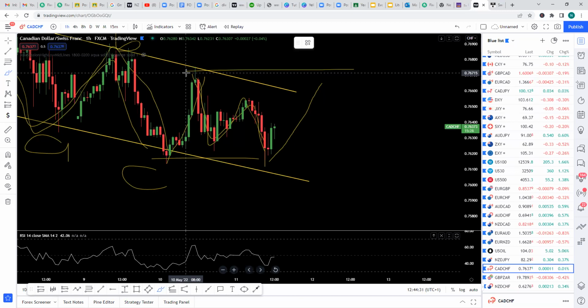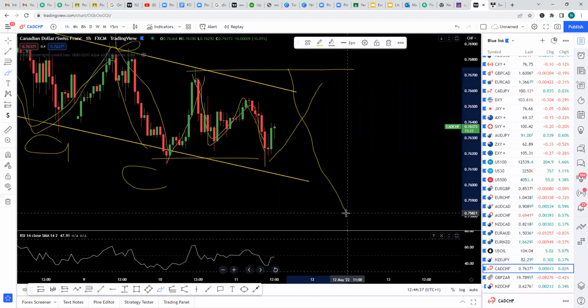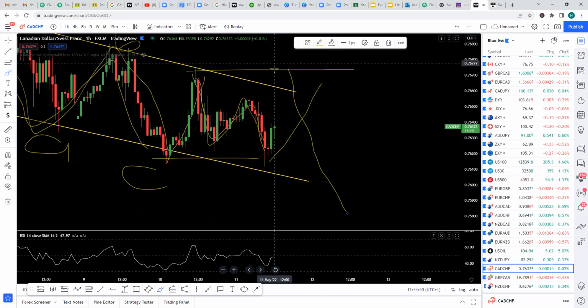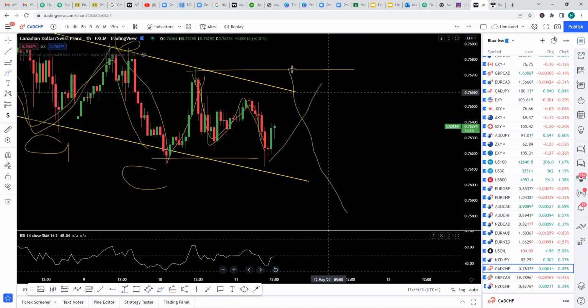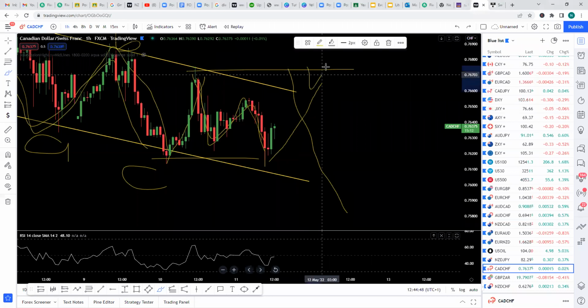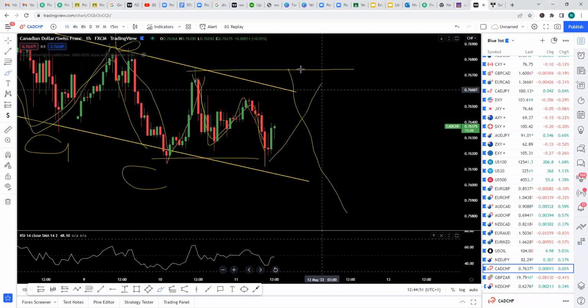When it gets to 76.70, we will check whether it's going to make another leg down before we buy, or if it does not make another leg down, then it will be making a corrective structure here. Pull down and then we go.